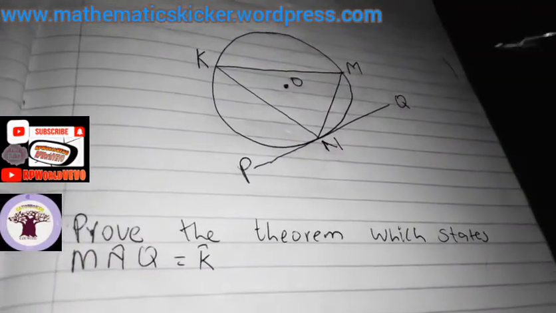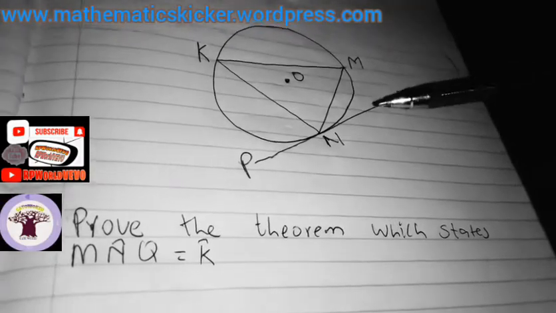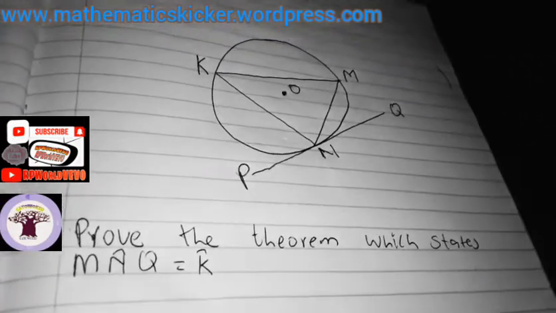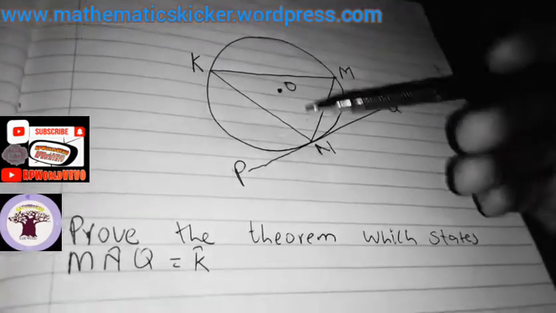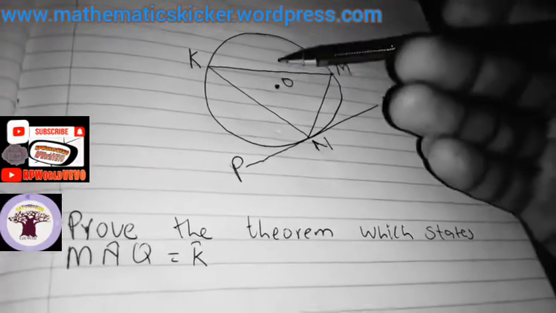I'm going to show you two different ways of proving this theorem. In the next video I'll show you another way, and in this video I'll show you this method.